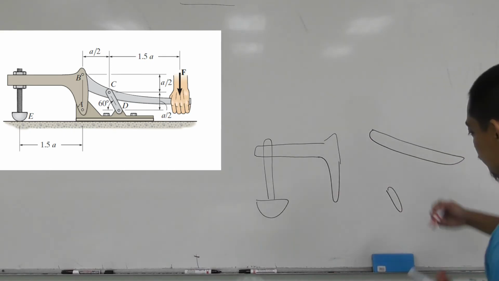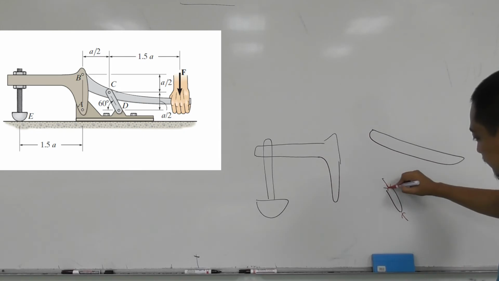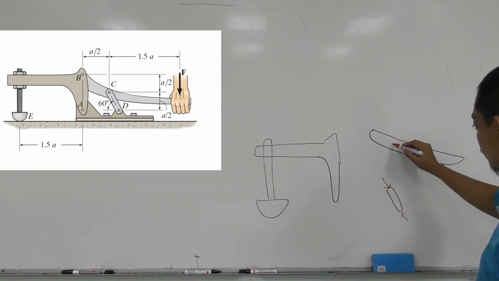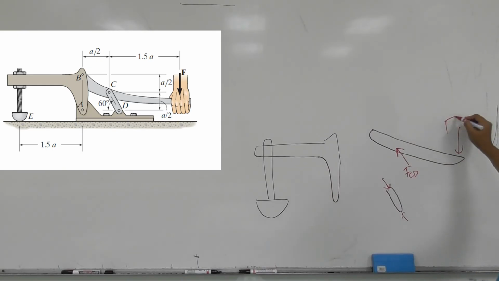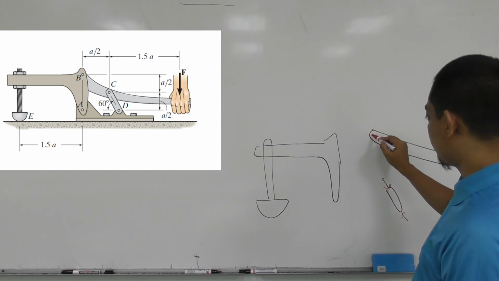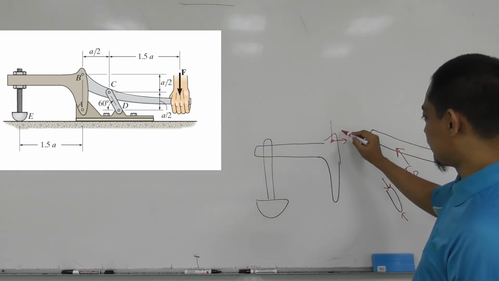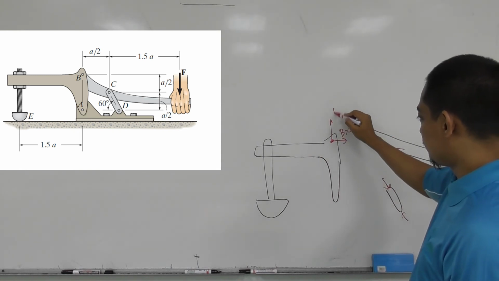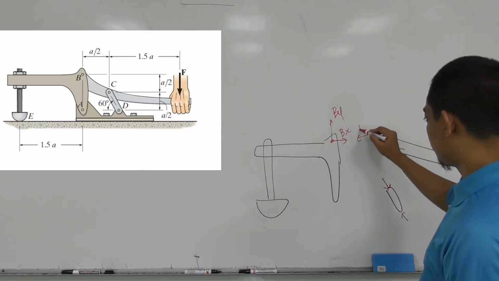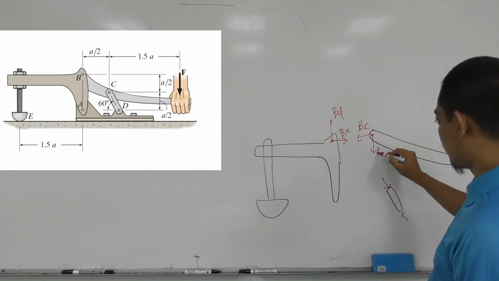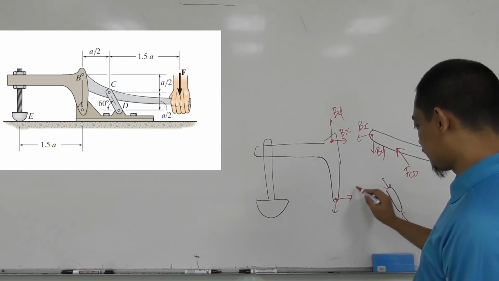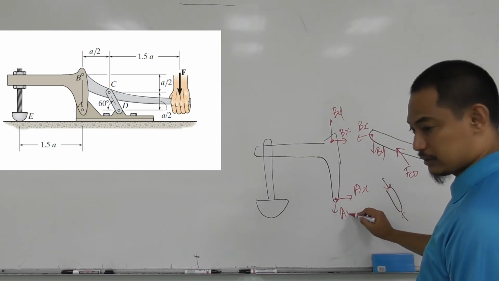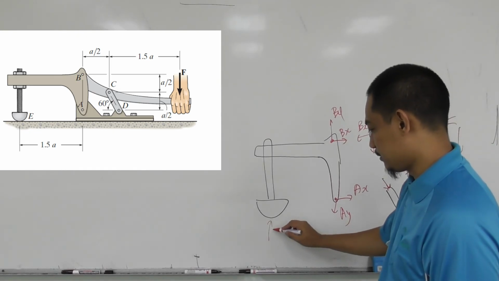Okay, so if you assume the two force member is under compression, meaning this one will be like that, FCD. At the end here you have F, and then point B here, BX, BY, and then here you have AX, AY, and then you have here normal force E.